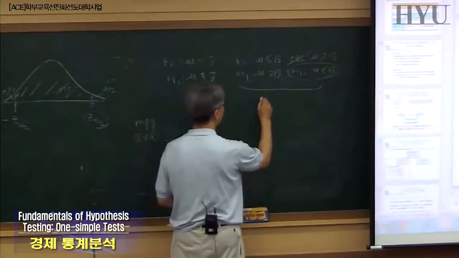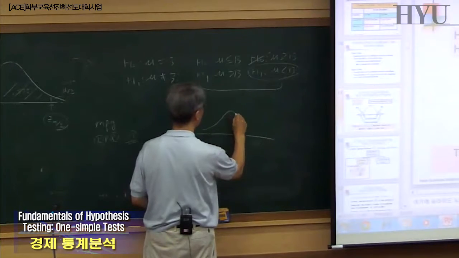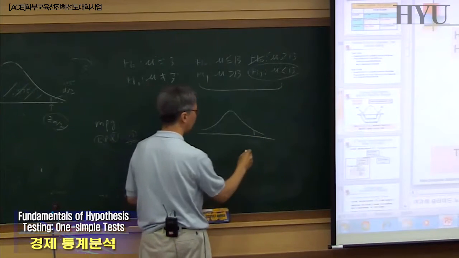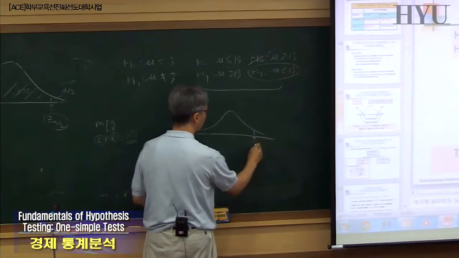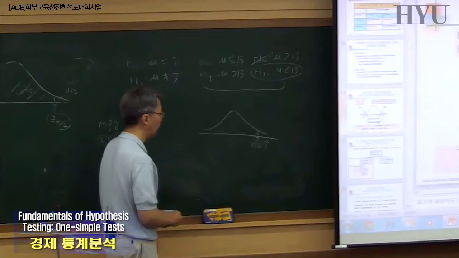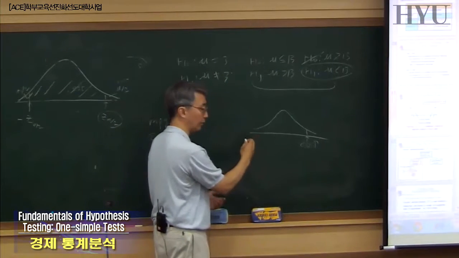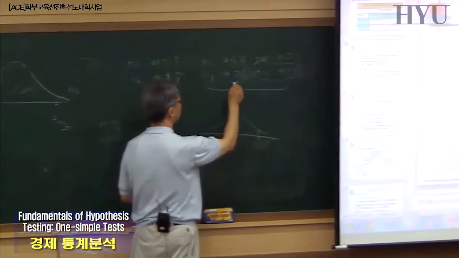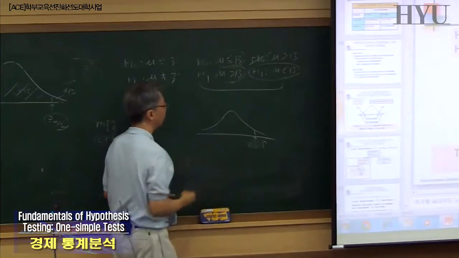Because in this case, all you need to find out is whether your test statistic exceeds the critical value or not. You don't have to worry about the left side or lower tail, because the question is whether it is greater than or not greater than.